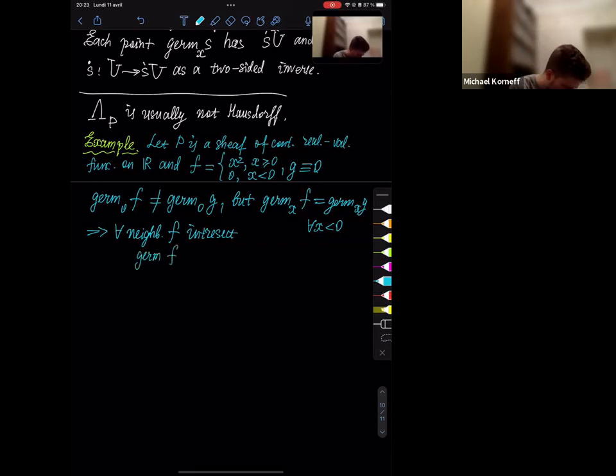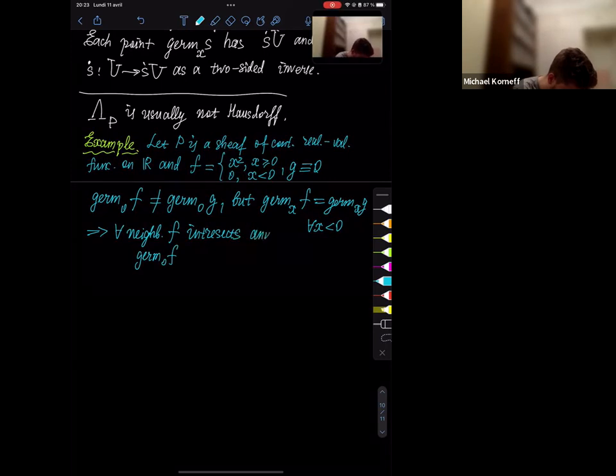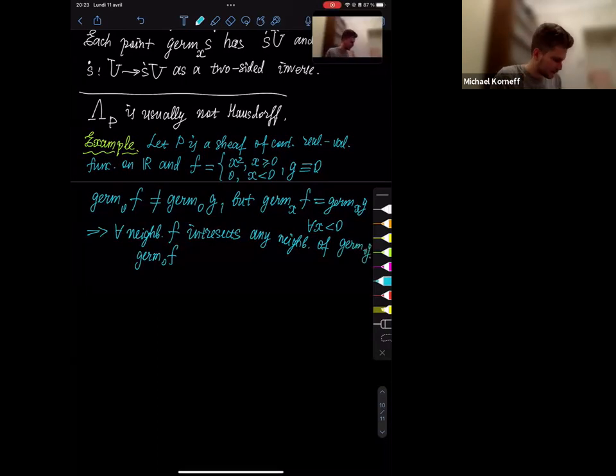If we take germ f at 0, then any neighborhood will intersect any neighborhood of germ g at 0.